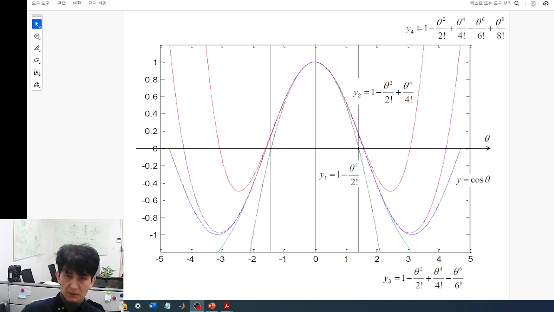So as the number of components in the Taylor expansion increases, it becomes closer and closer to the real function of cosine theta. So y1, y2 has 3 components, y3 has 4 components, y5 has 5 components, and so on.